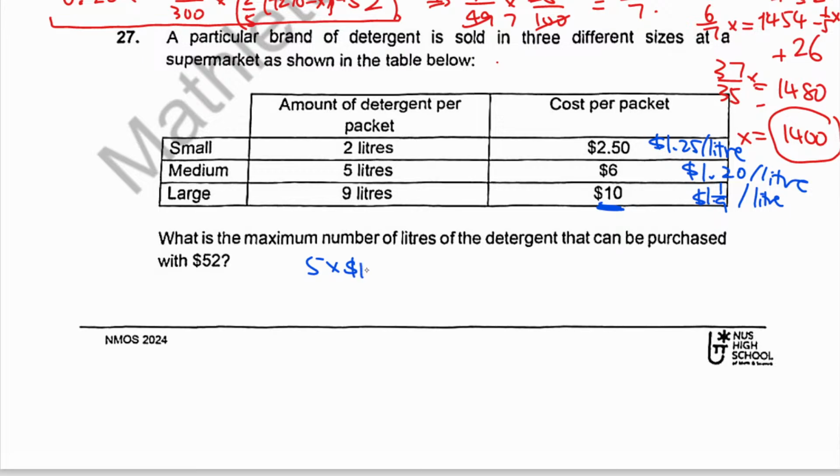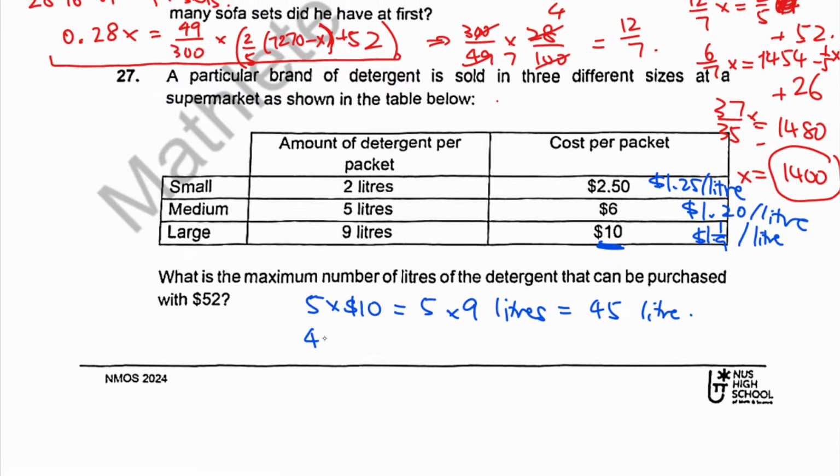If you do 5 times large, that will be 5 times 9 liters, which is 45. But then you have $2 left over, which you can't do anything with. But if you do 4 times $10 plus 2 times $6, that sums up to 52, by the way.